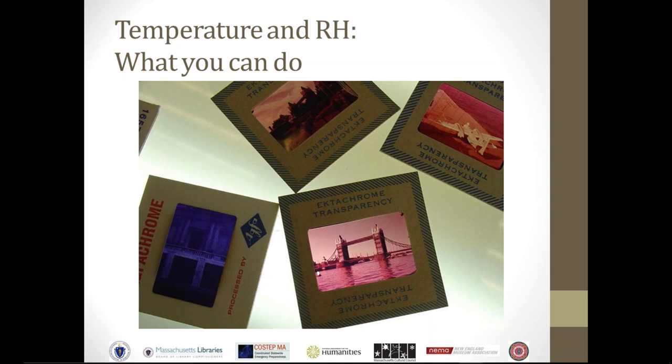We can remove collections from attics, which tend to be very hot and humid in the summer, and very dry in the winter, and basements, which are usually damp. And if we can't do that, again, we'll go back to those charts and find the collections that aren't as susceptible to those temperature and relative humidity changes and store those items in those areas and get the more sensitive items out.